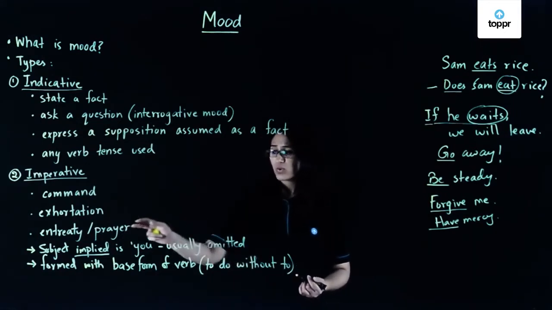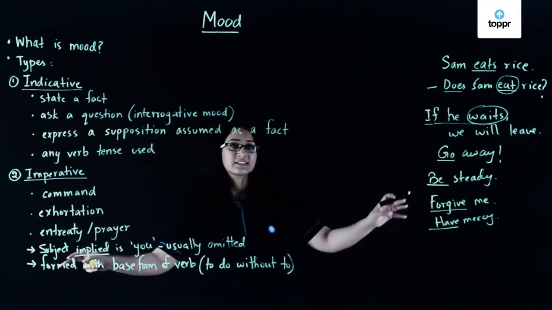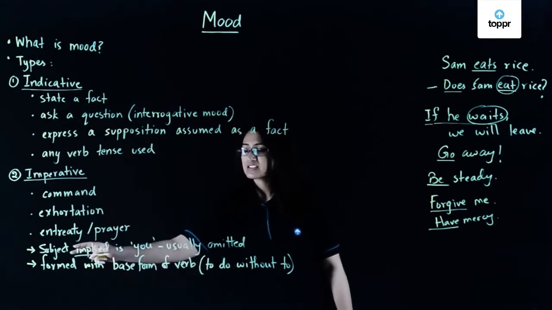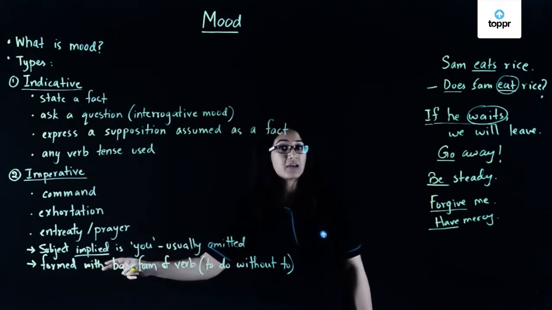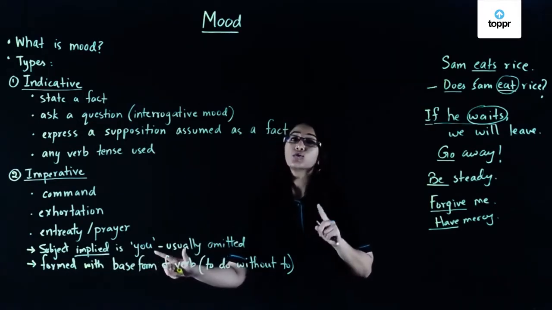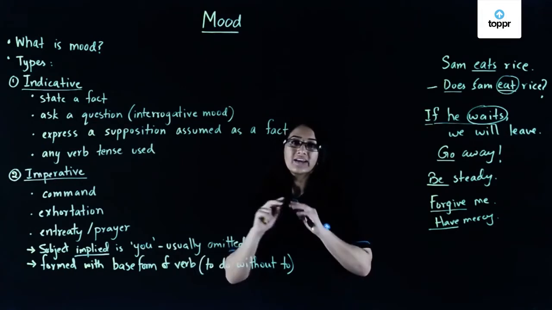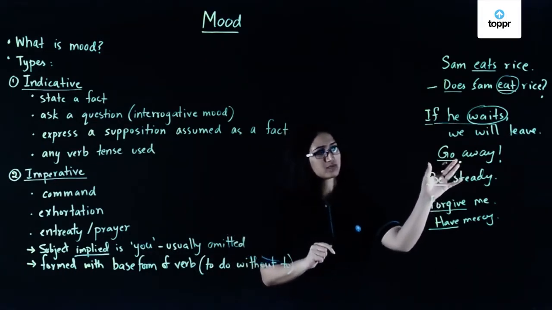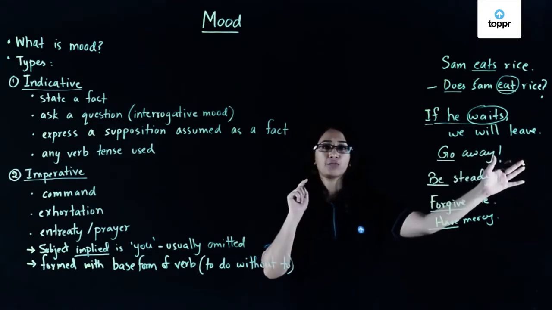Now, whenever you have sentences that are in the imperative mood, you have to remember that the subject that is implied in the sentence is you. And usually the subject you is not included in the sentence. So here I know that go away is pointing at you.